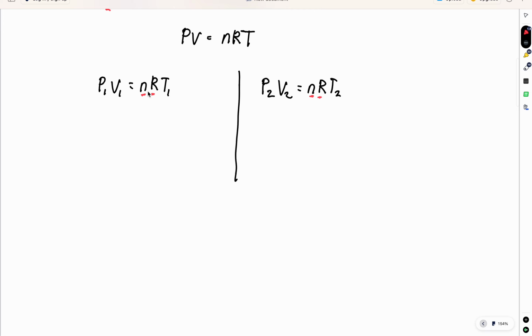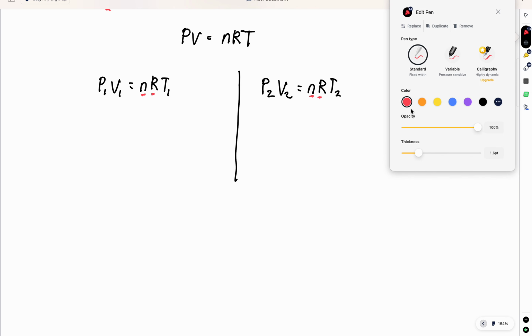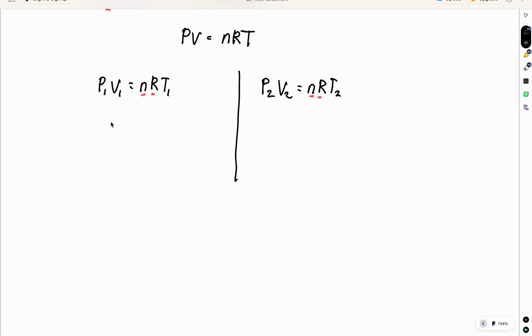So n and R have no initial and final states. P, V, and T are the variables which have an initial state. So n will be cancelled here because the number of moles is not relevant in the combined gas law.